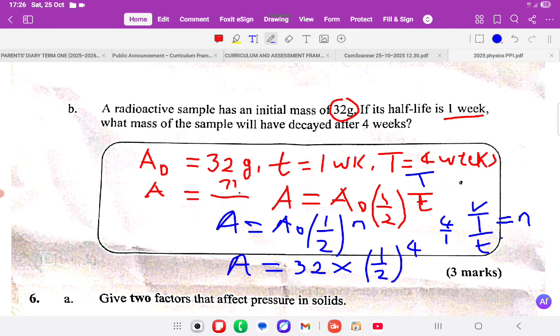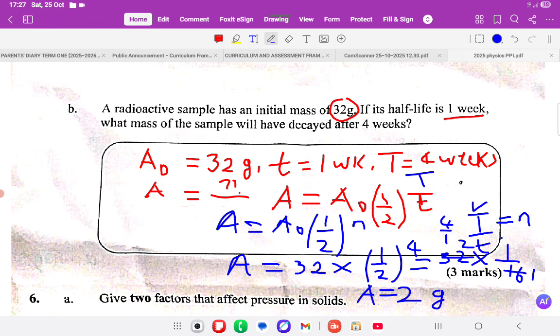That is 32 multiplied by 1 over 2 to the power 4, which is 1 over 16. 16 into 16 is 1, 16 into 32 is 2. That means the remaining amount will be 2 grams.